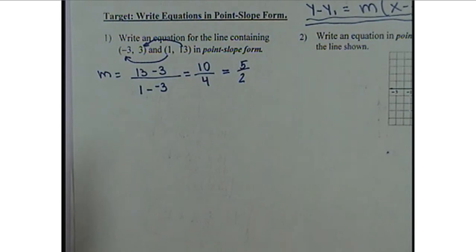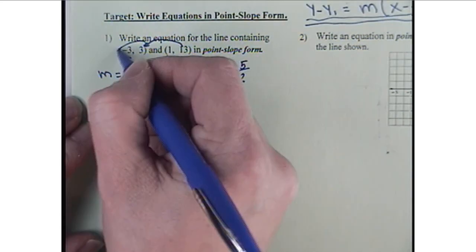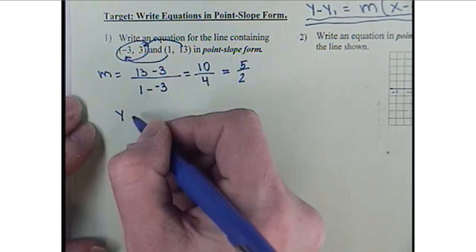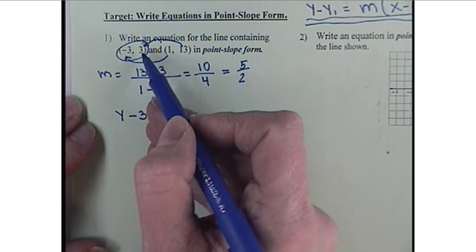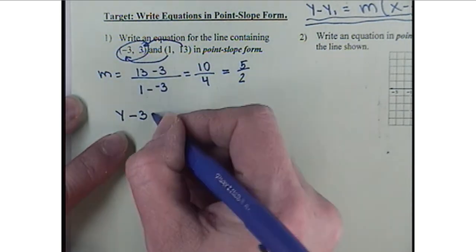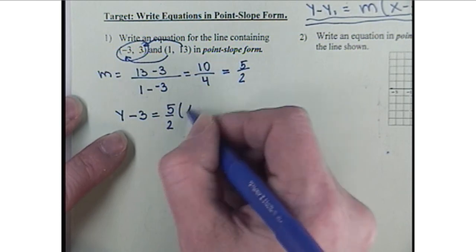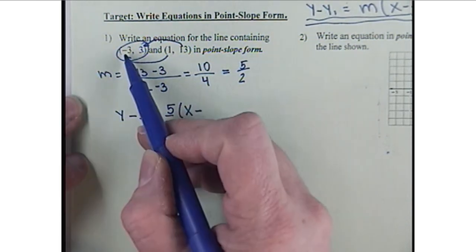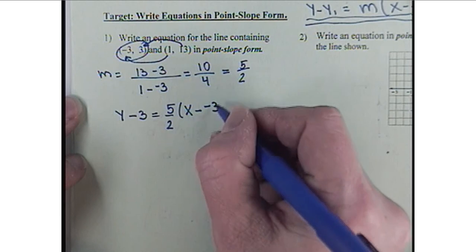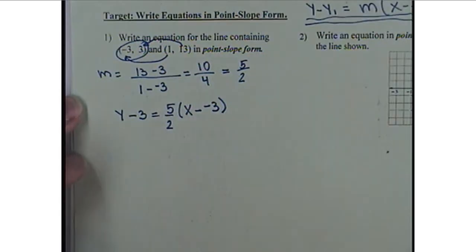Then you can choose either one of those 2 points to complete the equation. So if you choose point 1, you will get y minus 3, because y coordinate is 3, equals to, write down the slope, times x minus, and x coordinate is -3. So be careful with the negative coordinates.